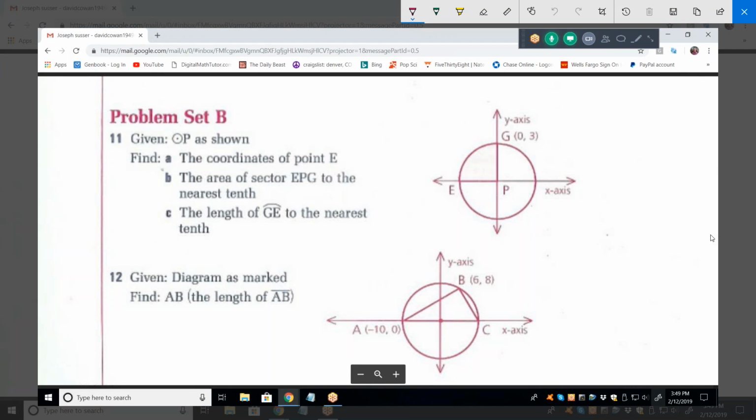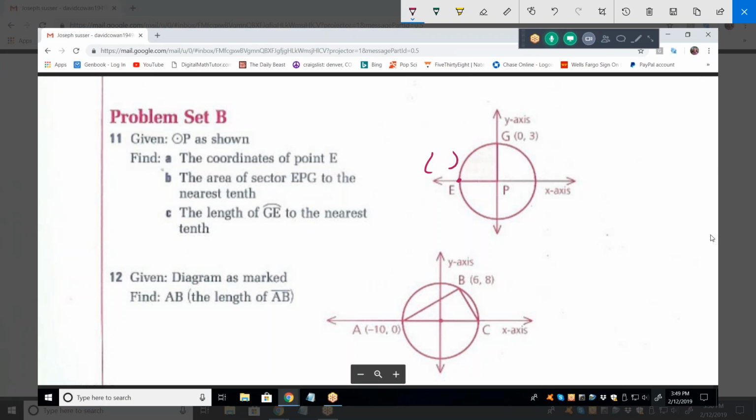Given circle P. Okay, what are the coordinates of E? E would be this point right here. It's the radius of that circle. 3, 0. Or 0, 3.